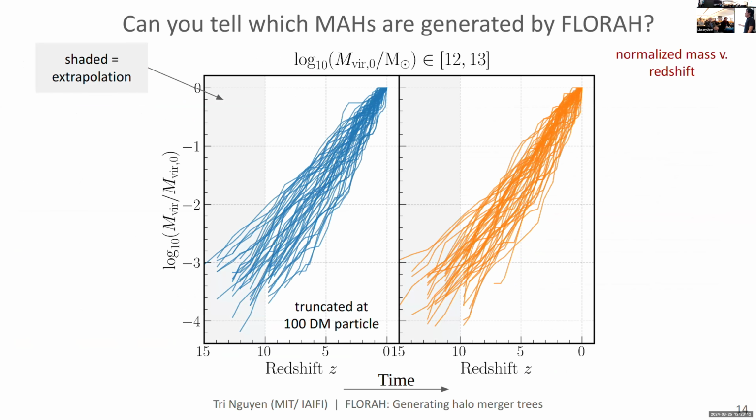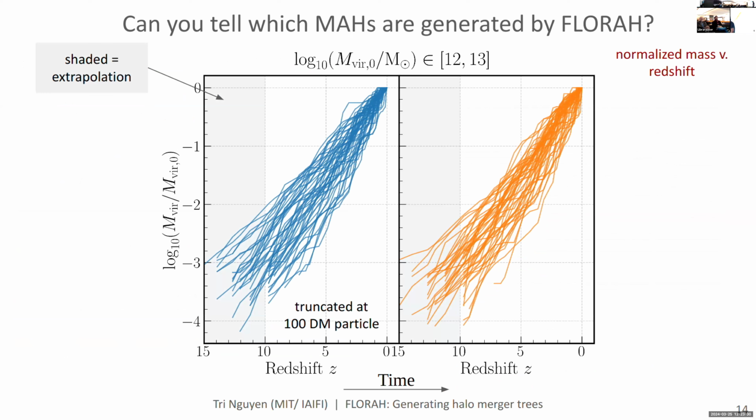So this is one of the results, one example of a few trees that get generated by the FLORAH framework. There's a few things I want to note here. I will leave you to guess which one is the generated trees and which one is not.